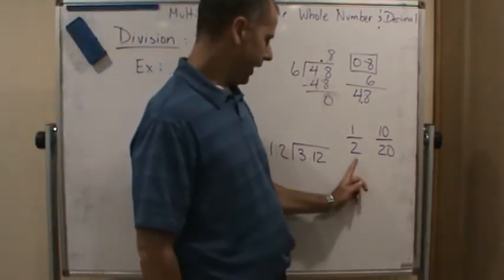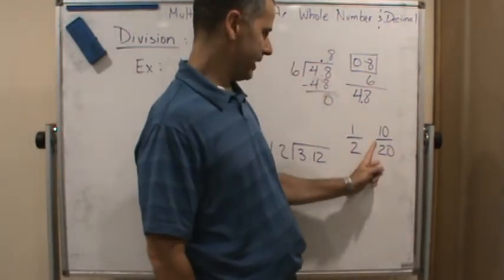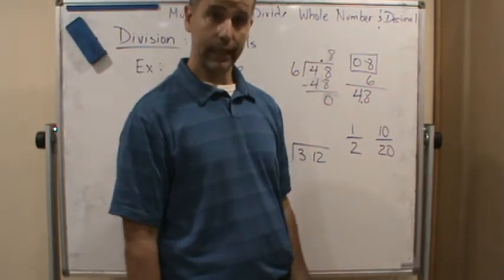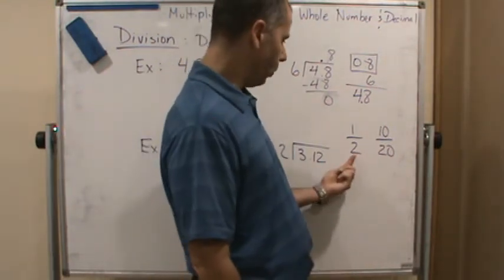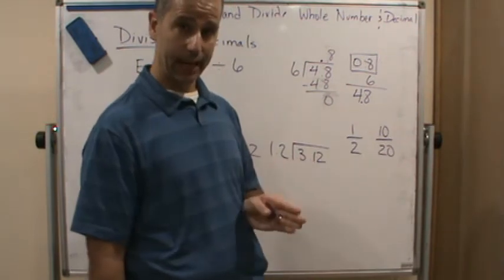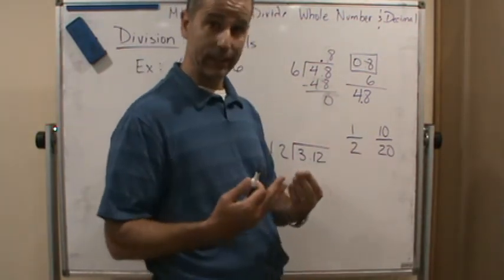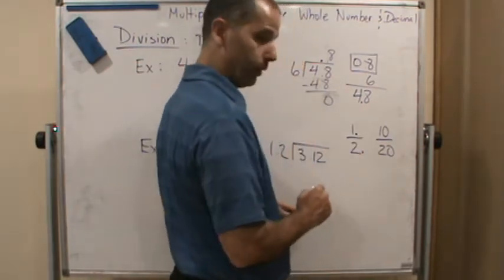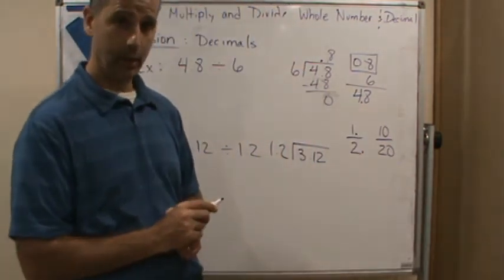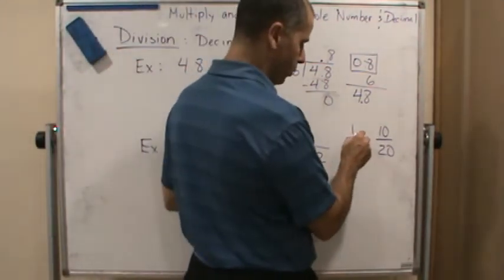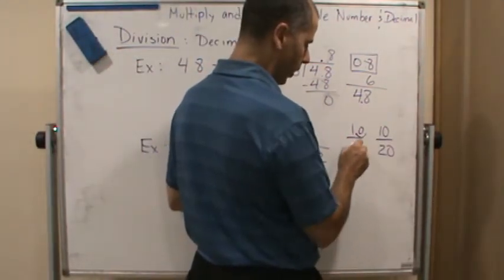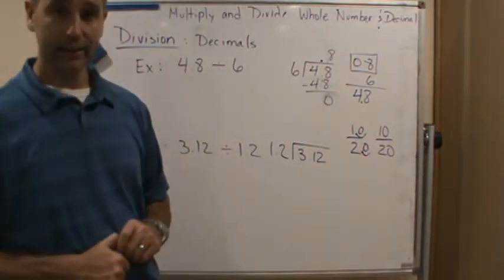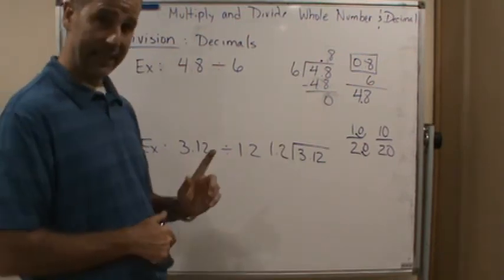Well, is 1/2, 1 divided by 2, the same as 10 divided by 20? Yes, it is. Now, what happened? When I multiplied by 10, all it really effectively did was this: there's an imaginary decimal point at the end of any whole number, right? So if I multiply by 10, it's moving the decimal point 1 unit to the right. And that's the key.